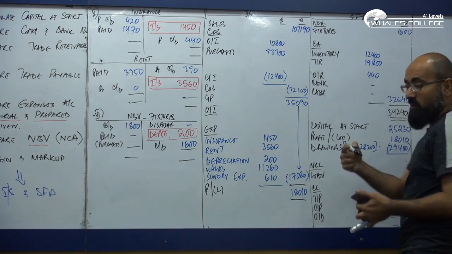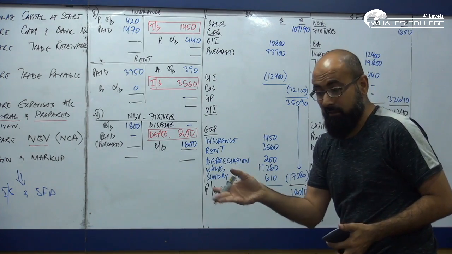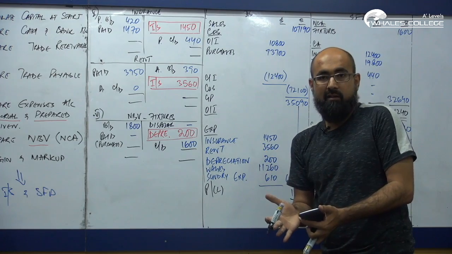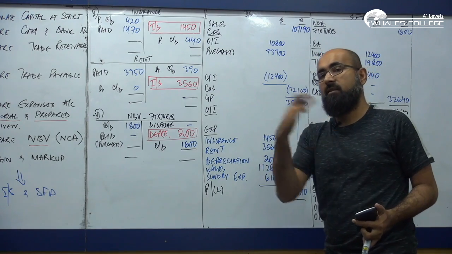I was looking for the loan. Sometimes a loan is given in the bank column, like you have just taken the loan in this year, so it will not be in the starting or ending balances.